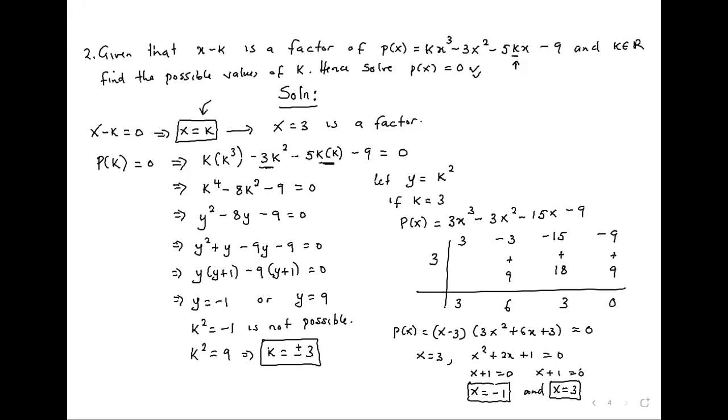How did you reduce the k squared from k to the power 4? We let a variable y be k squared, so that if you square y, then you get k to the power 4. Then you substitute here, then you make it a quadratic.